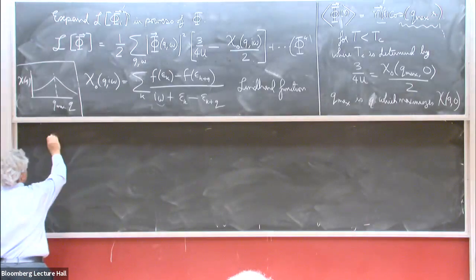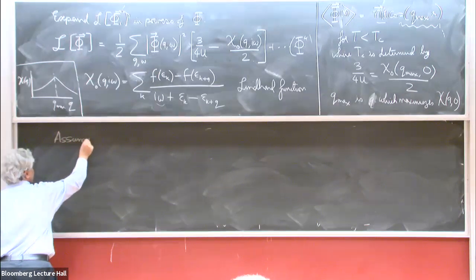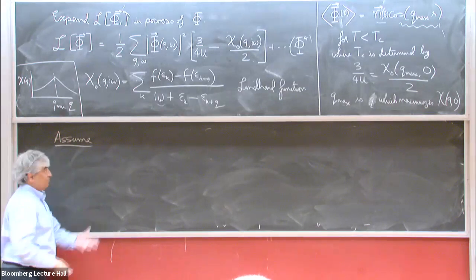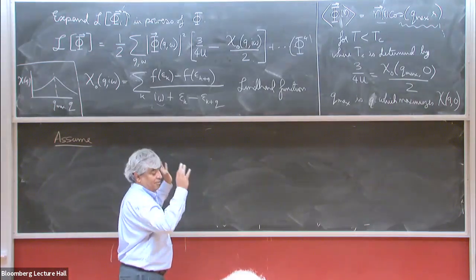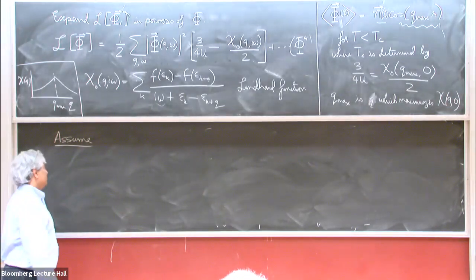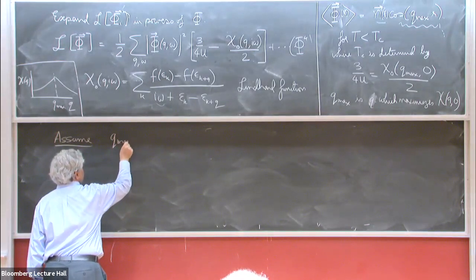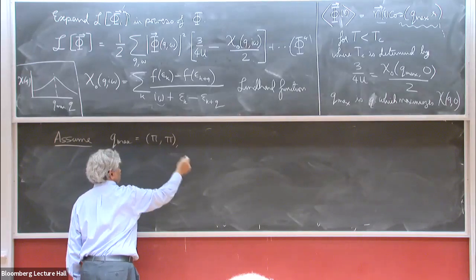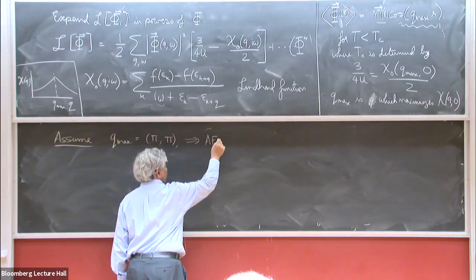We're just going to assume the Fermi surface. So this is an assumption, which you can say comes from experiment or comes from some dispersion relation of your favorite Fermi surface, and so on. But let's just take the simplest case. In 2 dimensions, we assume Q_max equals (pi, pi). And that will give us an antiferromagnetic metal.